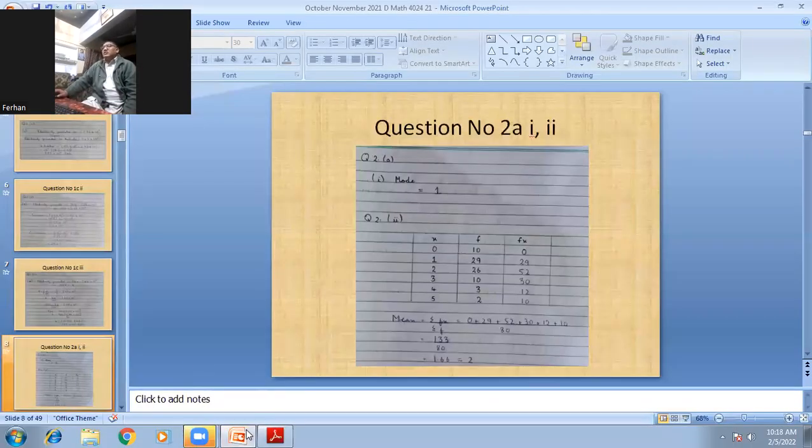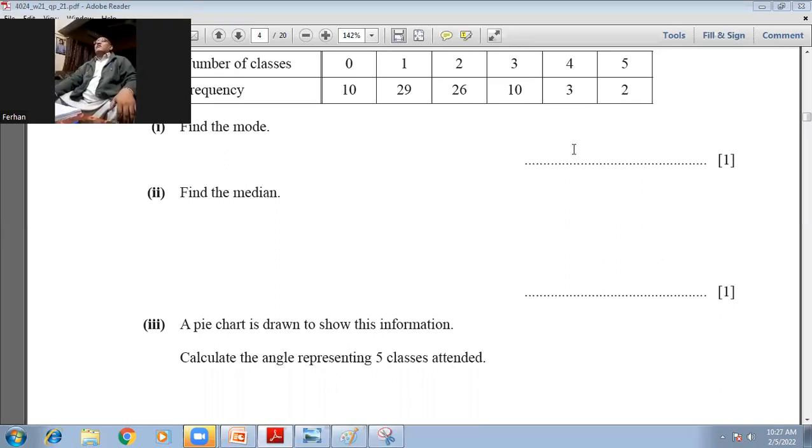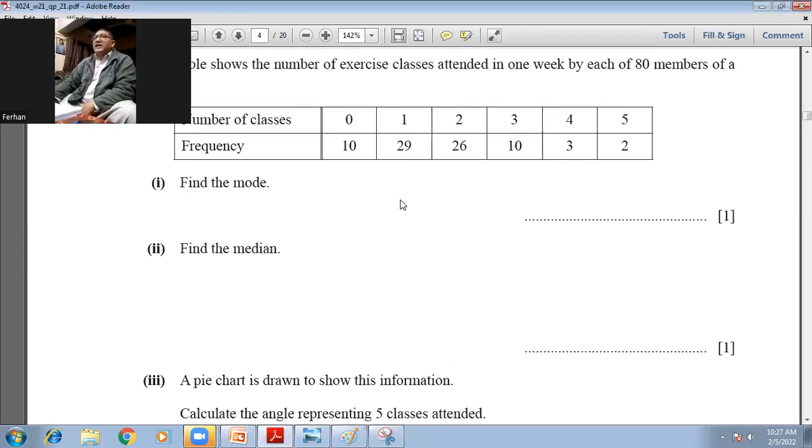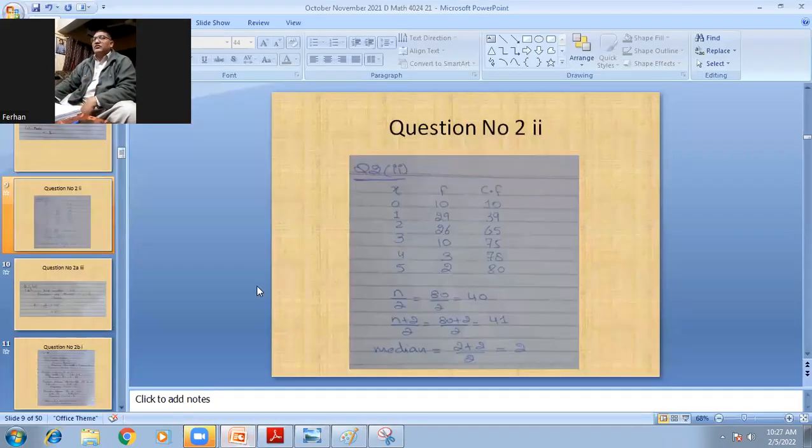Wait, there's a problem. They're asking us to find the median. So if you want to find the median of this, we have to find the CF, and let me show you. Okay, so this was that part.